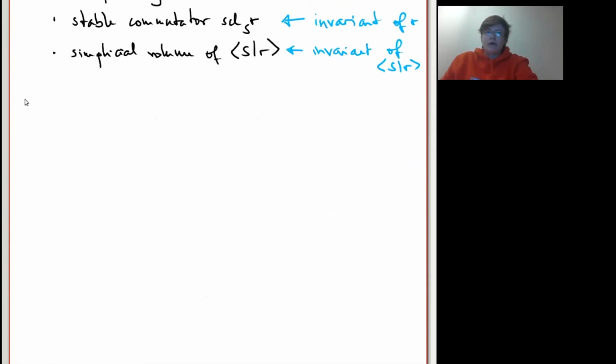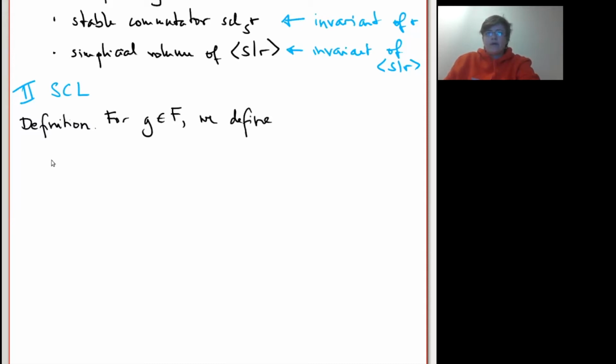I want to talk about stable commutator length. So let me give the definition. For an element g in F, we first define the commutator length of g.